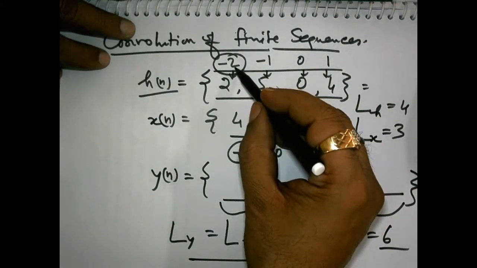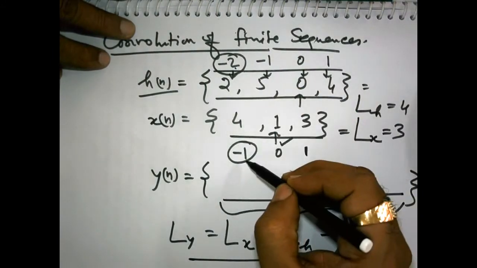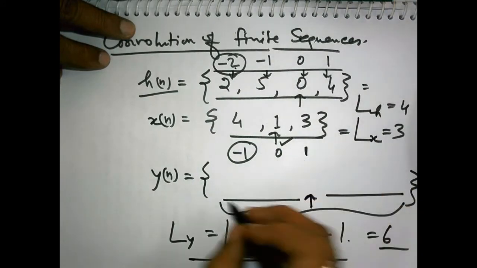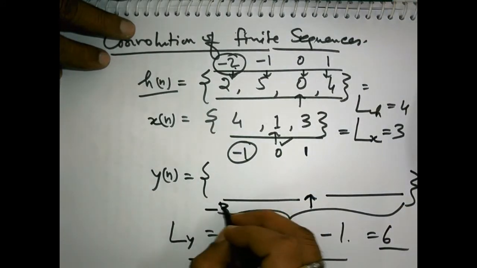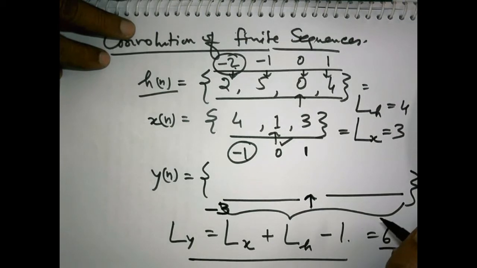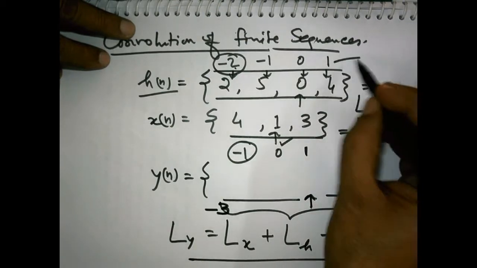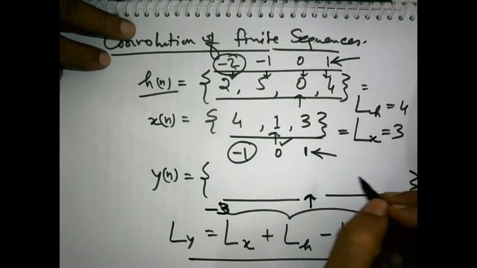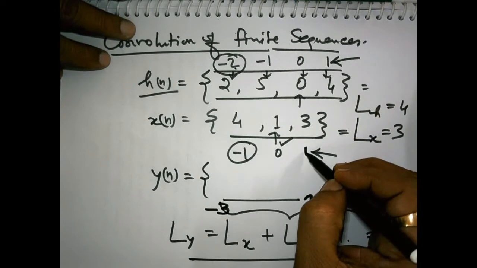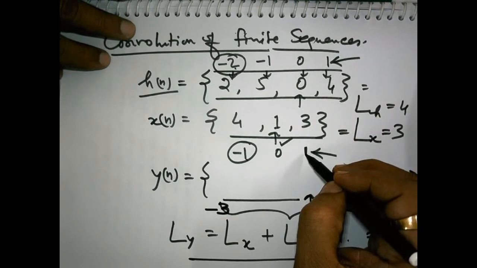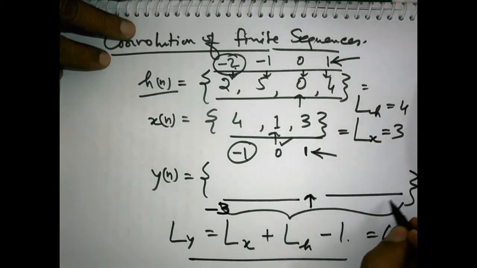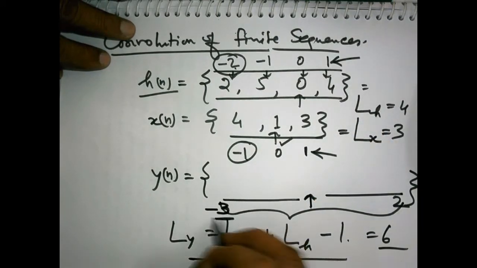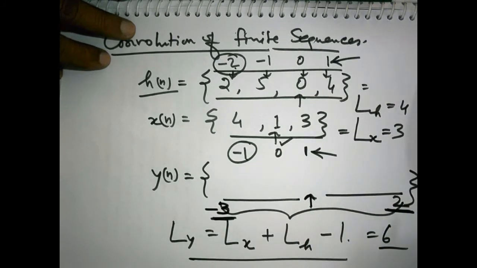The starting index of hn was -2 and of xn was -1, so yn will start at -3. What is the ending index? The ending index of hn is 1 and of xn is 1, so the ending index of yn will be 1 plus 1, which is 2. This signal will range from n equal to -3 to 2. Naturally, there will be 6 samples.